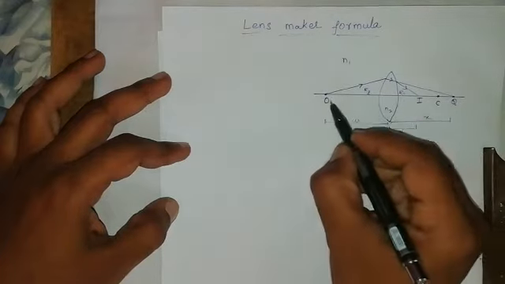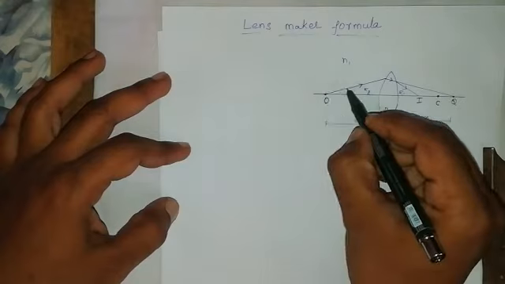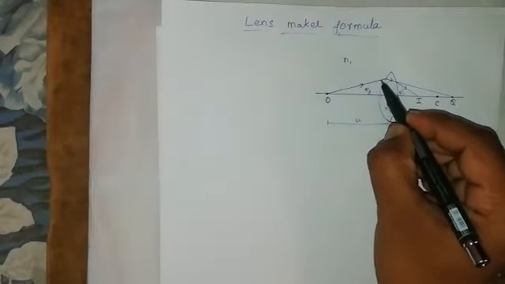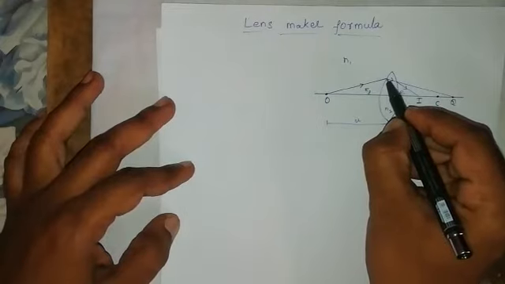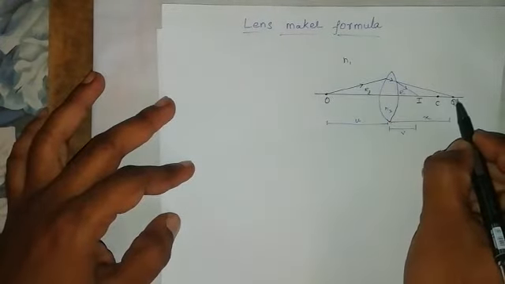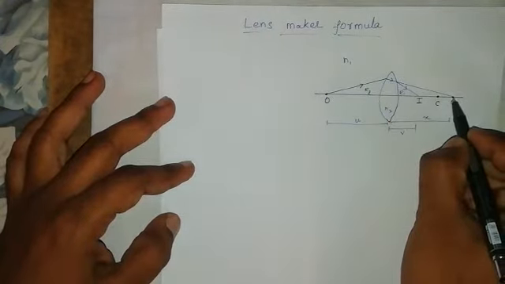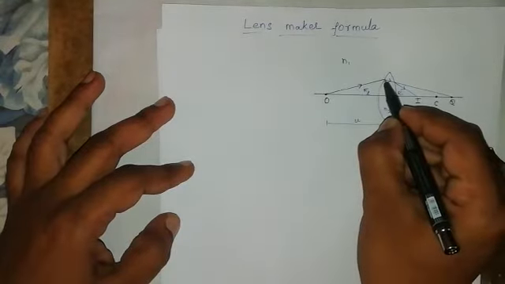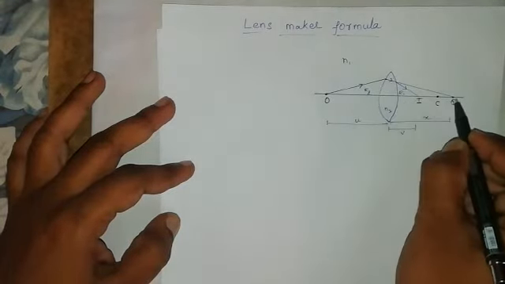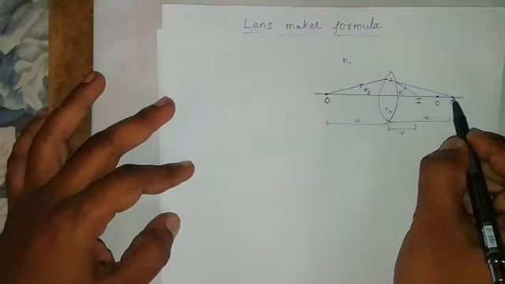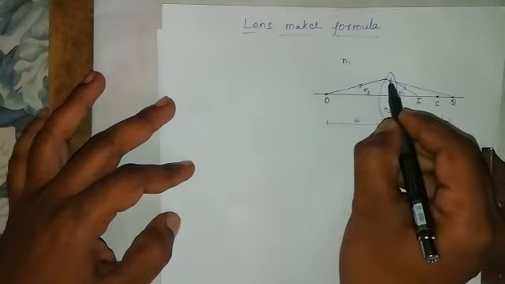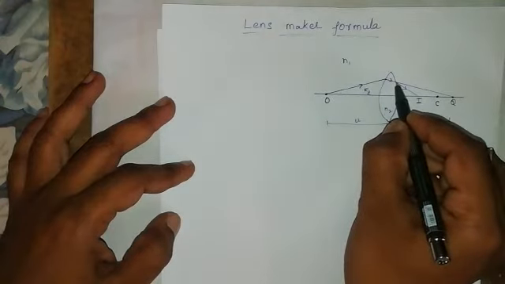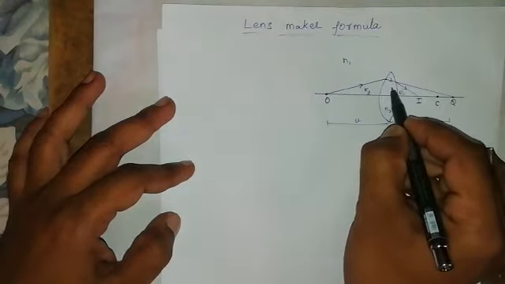First, the light is traveling in the first medium and is incident on this first curved surface, and the image forms at the point Q, so from this point it refracts and forms at Q. But it's not continuously traveling towards this; it's traveling only up to the next curved surface in this medium.